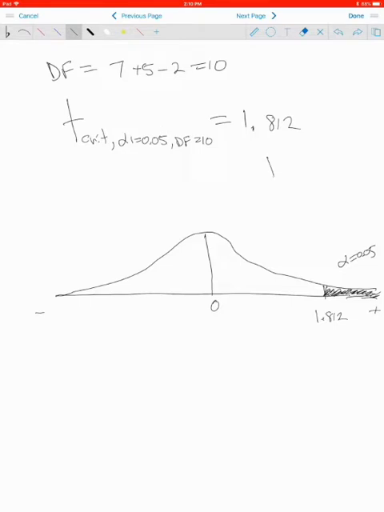And so our t-calc, remember, was 1.406. So the calculated t lies over here somewhere. It doesn't fall out in this rejection region. So we don't reject the null hypothesis.